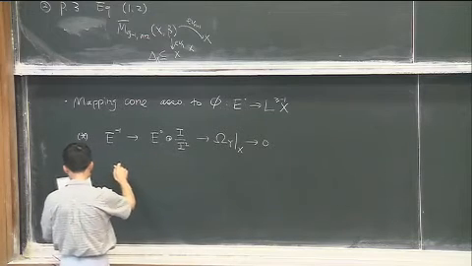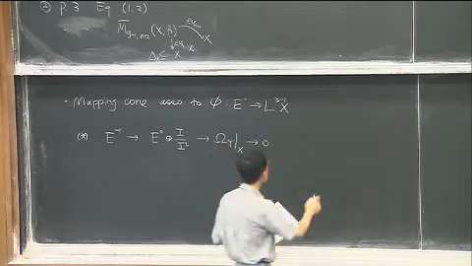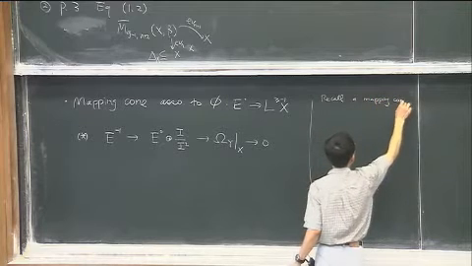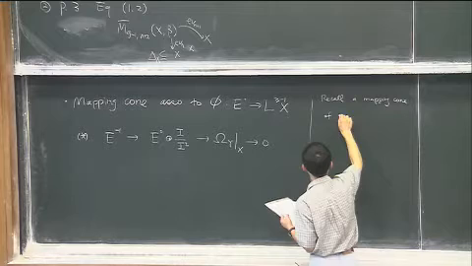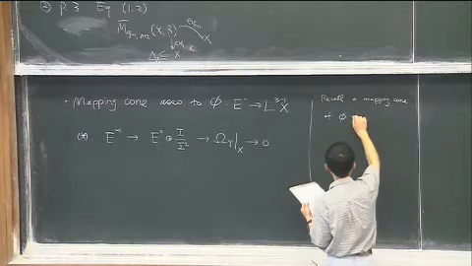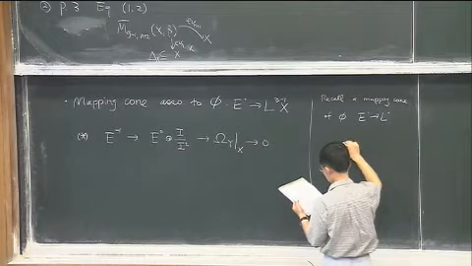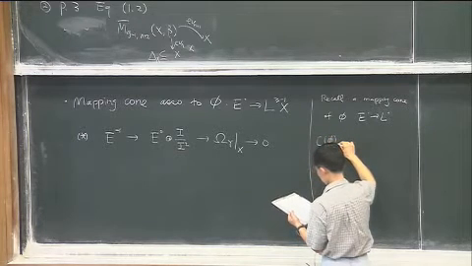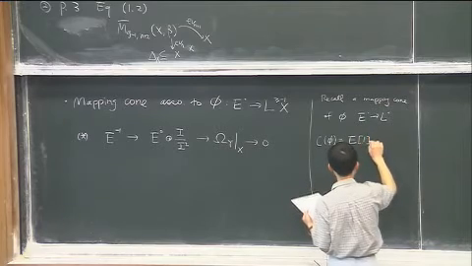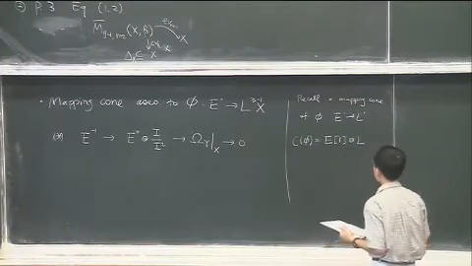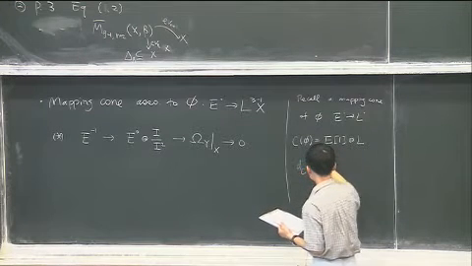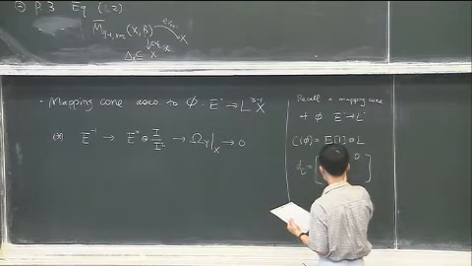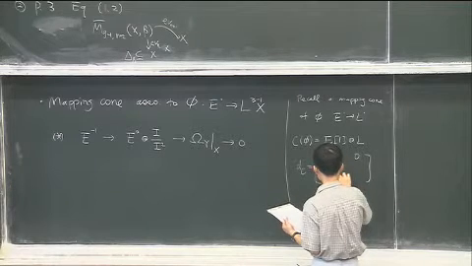I'll call it the cone of phi. It will be E shifted by +1 plus L, and the differential in C will be the matrix with d_E, 1, 0, d_L.